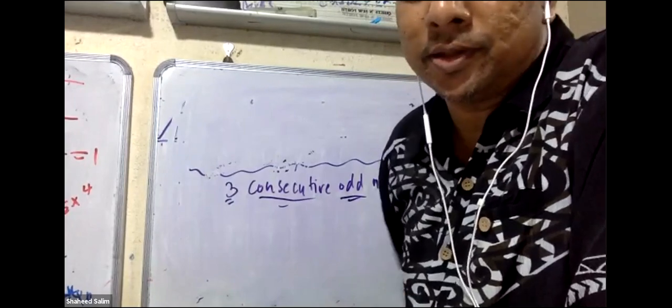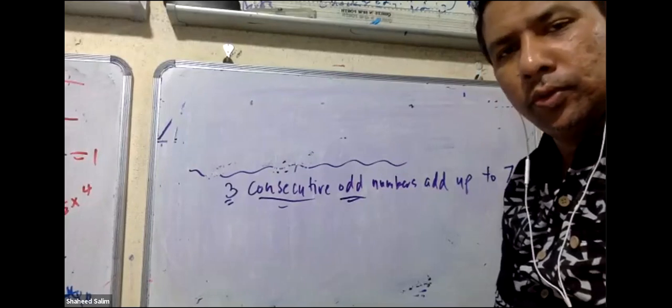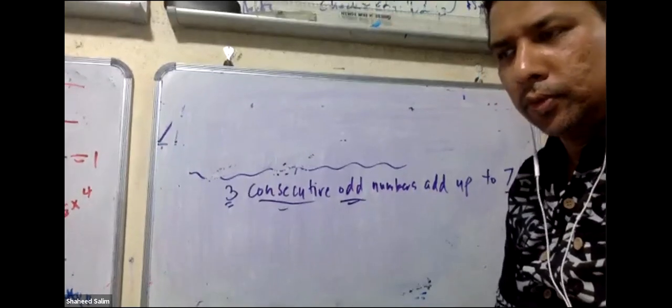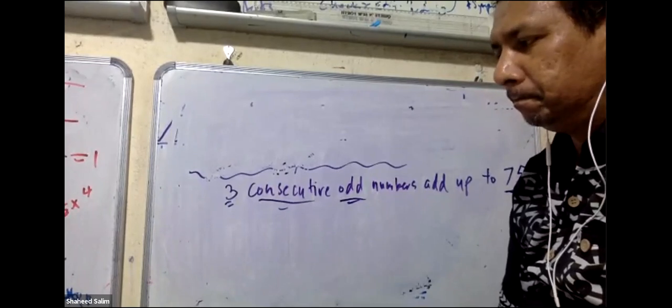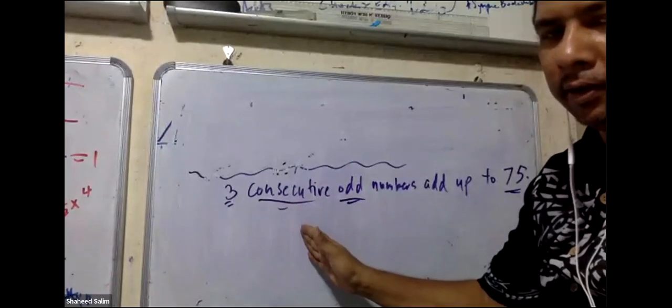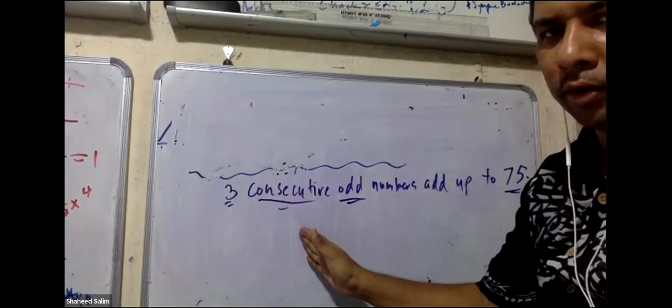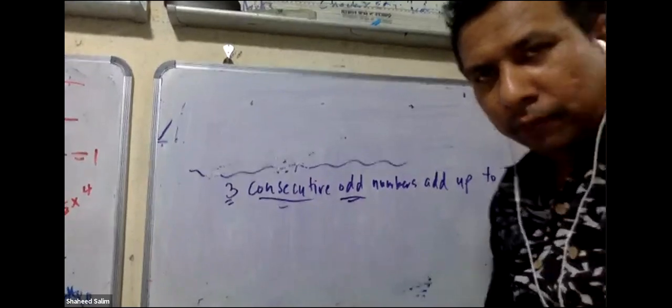You check this. Remember who you are. Oh, 23. 23 is the smallest. The next one is 25, and 27. Easy, right? So I think you have done quite well.